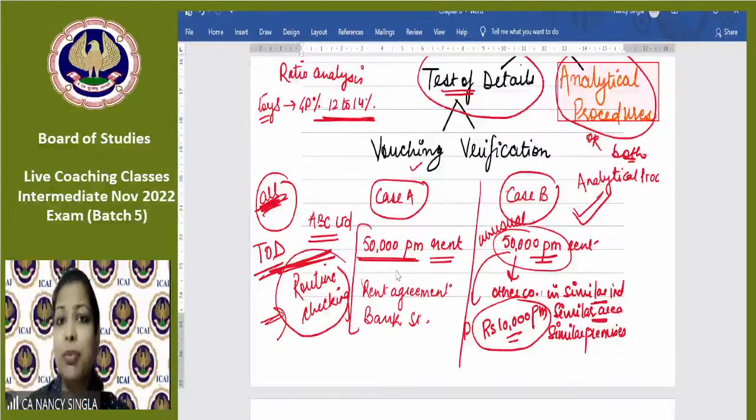So he'll apply his professional judgment. Okay, Pooja, is it clear? Okay. So this is a brief idea about what analytical procedure is, whereby we discussed ratio analysis and some comparisons.